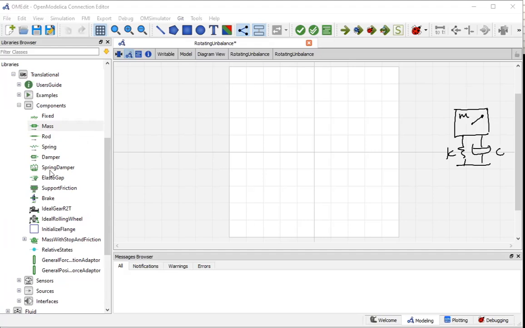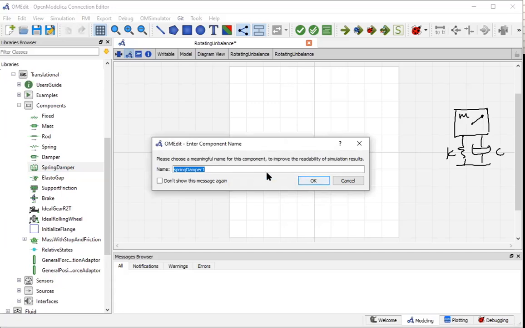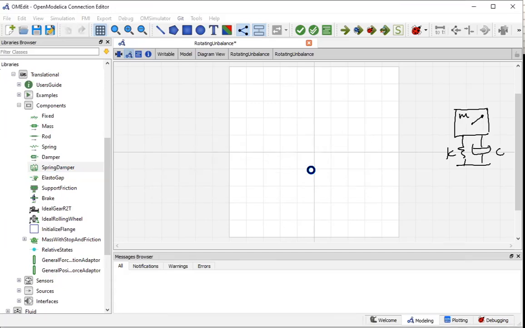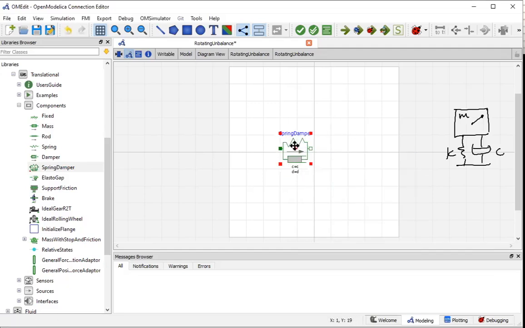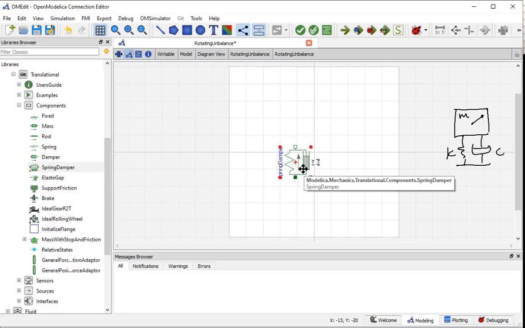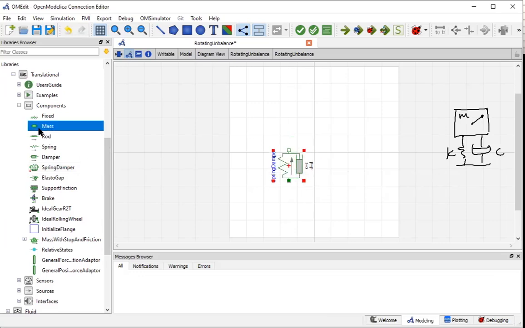I'm going to take a spring damper element and make it a little bigger. I can rotate that with Control R, so I'll use Control R a couple times. The arrow can be upward or downward or in the horizontal direction. Direction doesn't matter. It's just for the sake of representation.